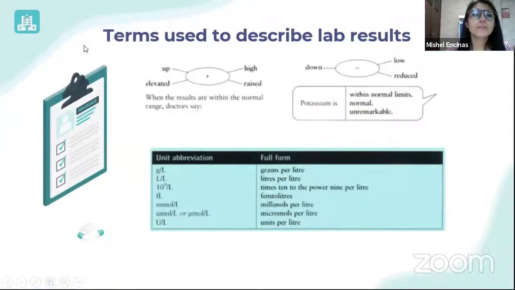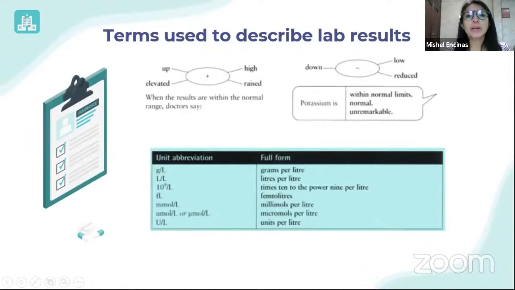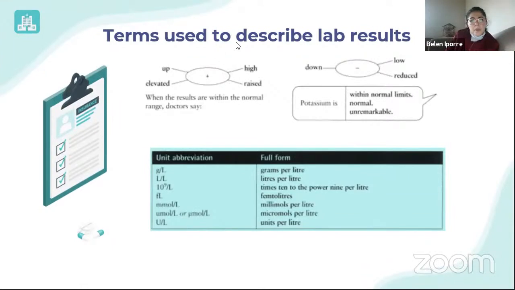And then we have terms. Belen, can you read this part, please? Up, high, elevated, raised, when the results are within the normal range, doctors say. Down, low, reduced, potassium within normal limits, normal, unremarkable. Unit abbreviation. G over L, I don't know how to say it in English, the gramos.